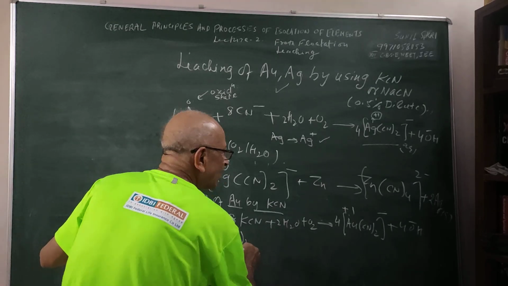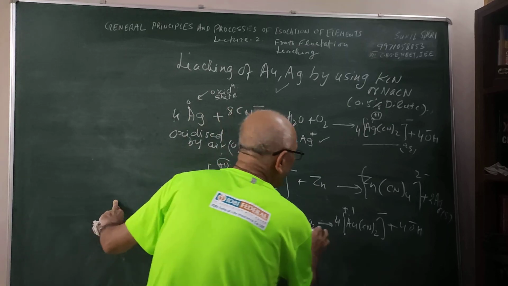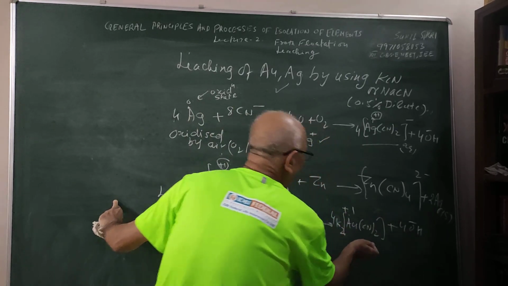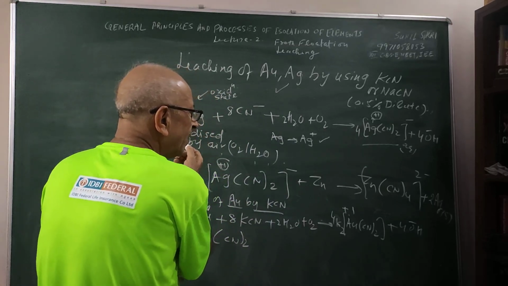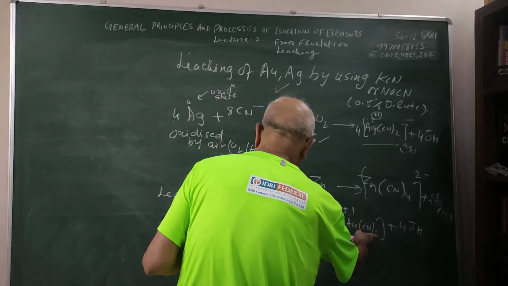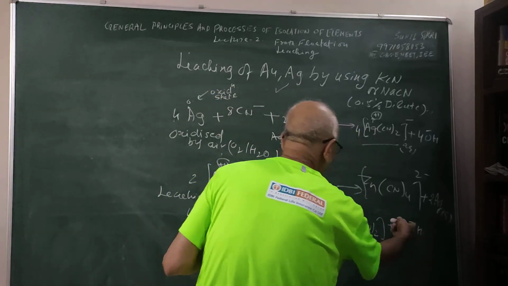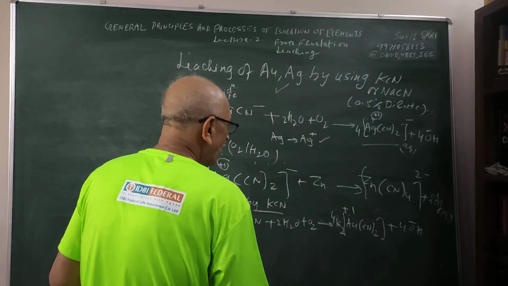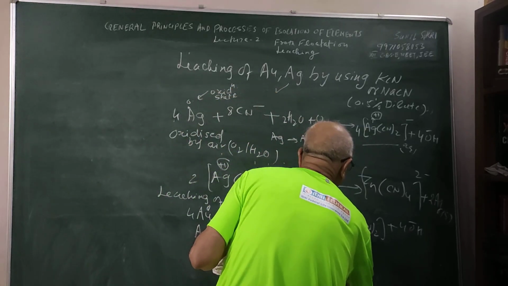[Au(CN)2]-, students, here you can write 4K. Okay? If you want to balance it. So 4K, this is a complex which is formed here in this case, or if I write it like this, potassium is there, hydroxide is there, so there is no problem because these are counter ions. So we can write here like this also.